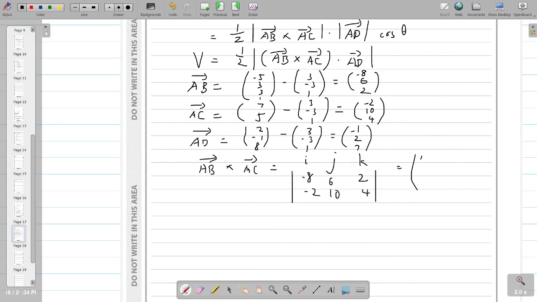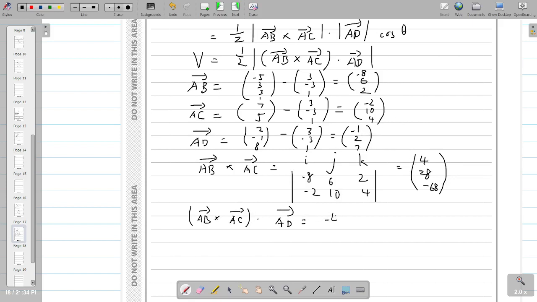24 minus 20, that's 4. Negative 32 minus negative 4 plus 4, 28, because it's negative. Negative 80 plus 12 is going to be negative 68. So AB cross AC, then dotted with AD, is just going to be this vector dotted with this vector.